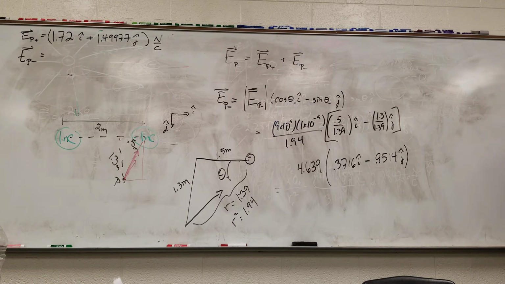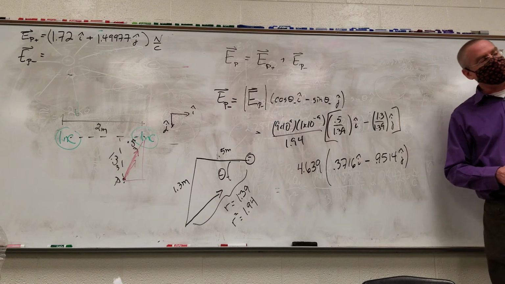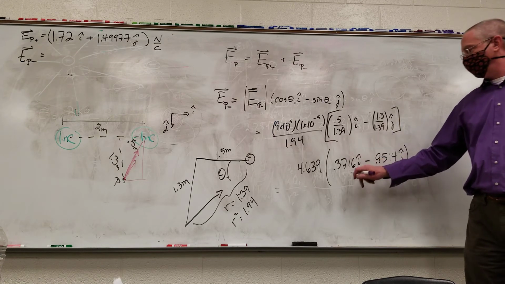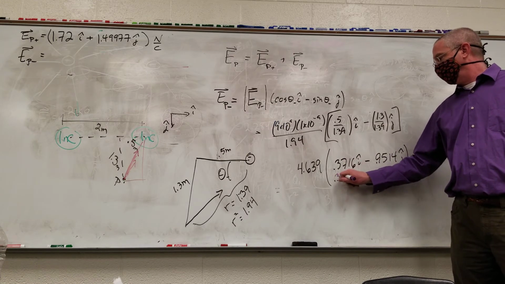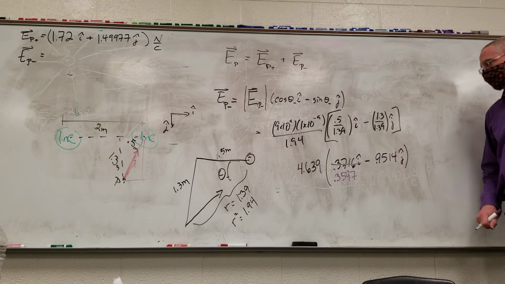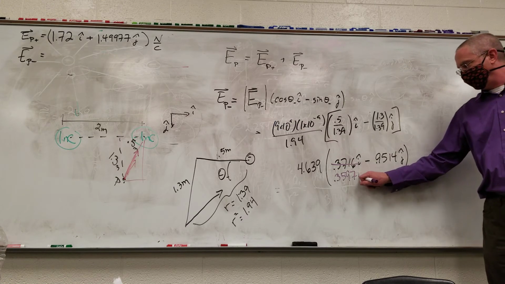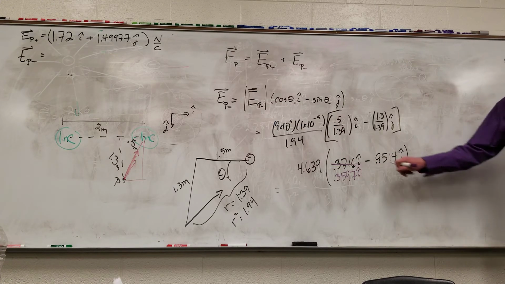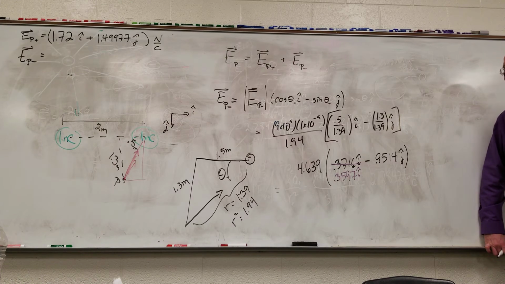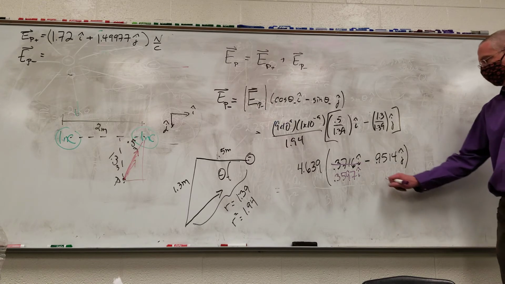And now time for someone to tell me that I'm wrong. 0.5 divided by 1.39 is 0.3597, and the other one is 0.9353.